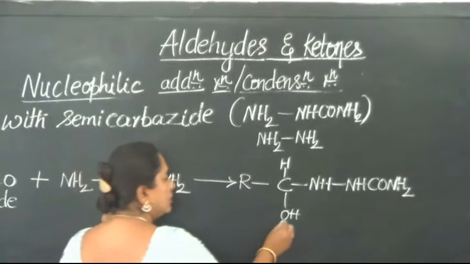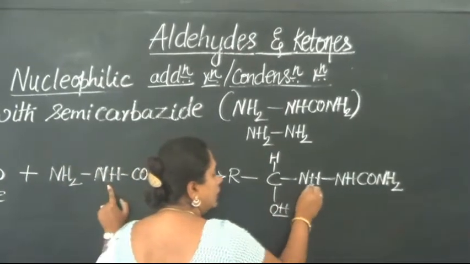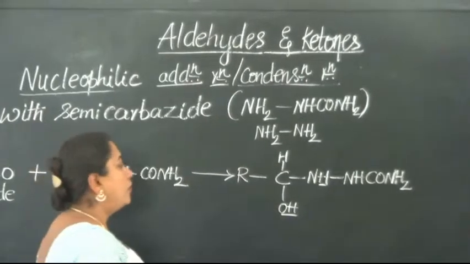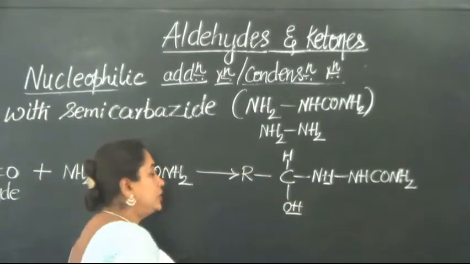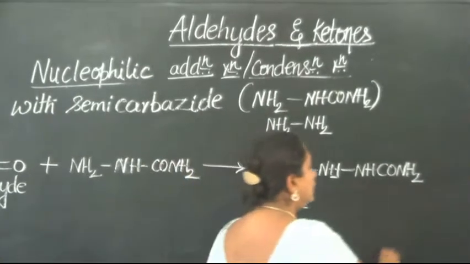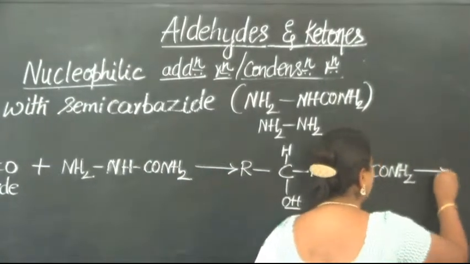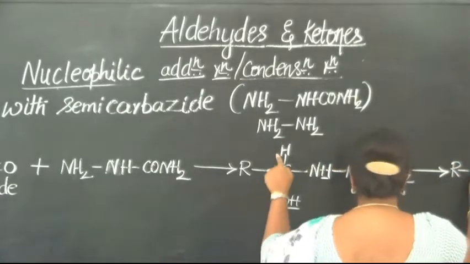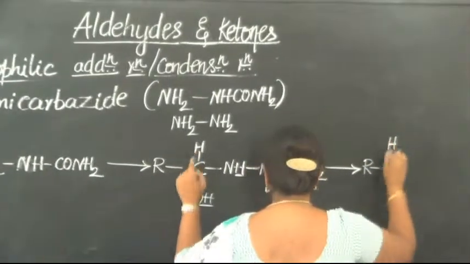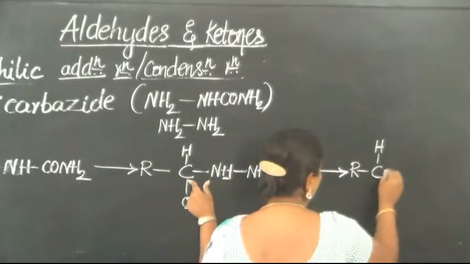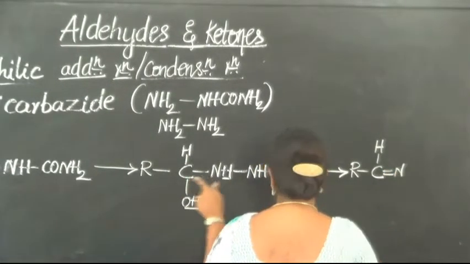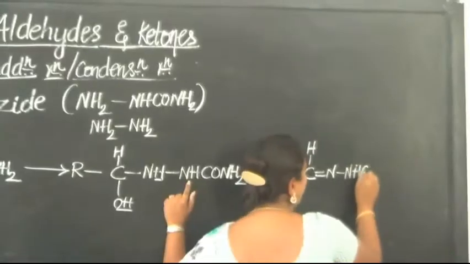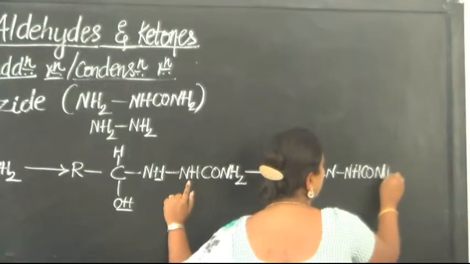Now what happens? OH from here and H from here are removed. It goes out as a molecule of water; dehydration takes place, or we can also call it condensation. So now R, C, H above, these two are removed, so carbon and nitrogen are linked by a double bond, and then the remaining NH-CO-NH2.